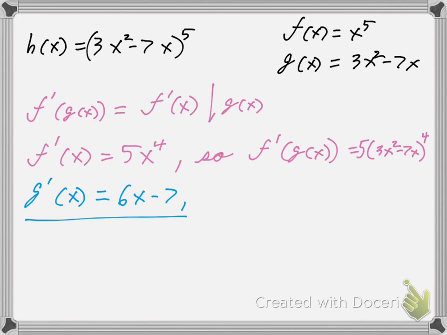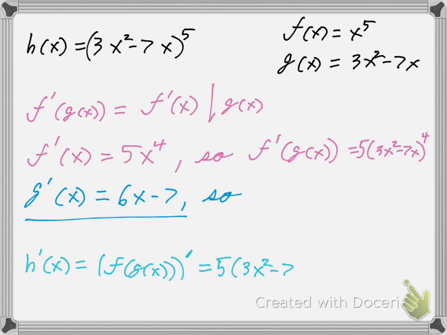So by the chain rule, which we have learned, the grand derivative of h of x, which we have stated as f composed g of x, is equal to (3x squared minus 7x) to the power of 4 times (6x minus 7).